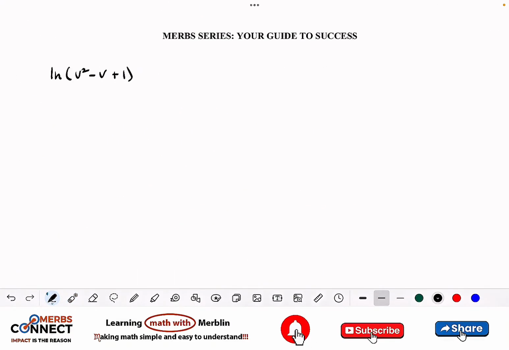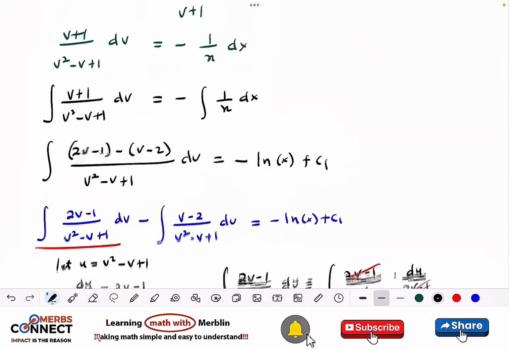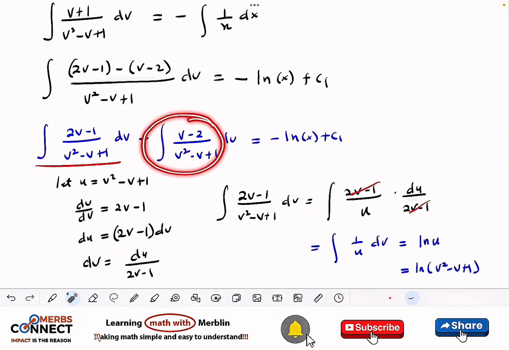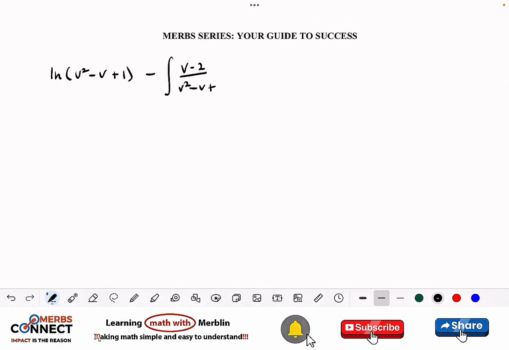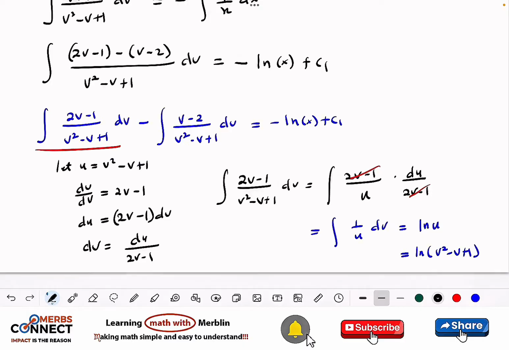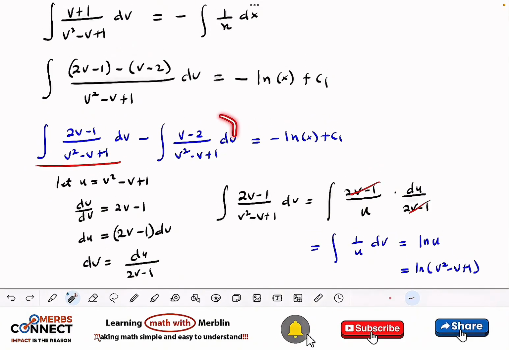So we need to focus on this guy, but I can split this guy into 2. Let me write it before I split it. So the integral of vn minus 2 divided by vn squared minus vn plus 1 dvn is equal to minus the natural log of x plus c1. Is that right? Good.